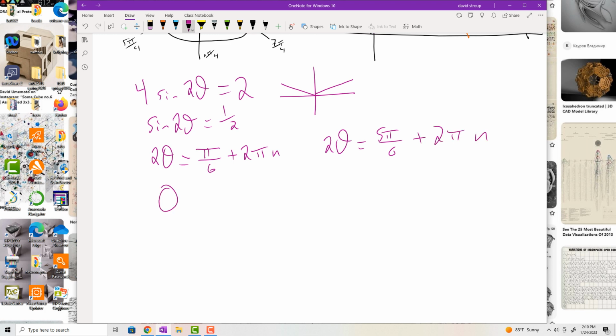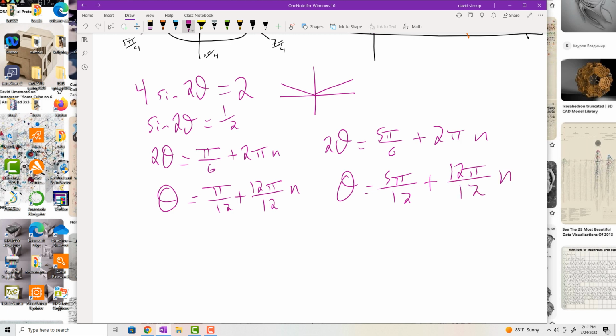And then divide by 2. Be pi n, but let's make it 12 pi over 12 n. And then for the other guy, 5 pi over 12, and then 2 pi n over 2, which is pi n, but we're going to, again, rewrite it as 12 pi over 12 n just to make the calculation easier.